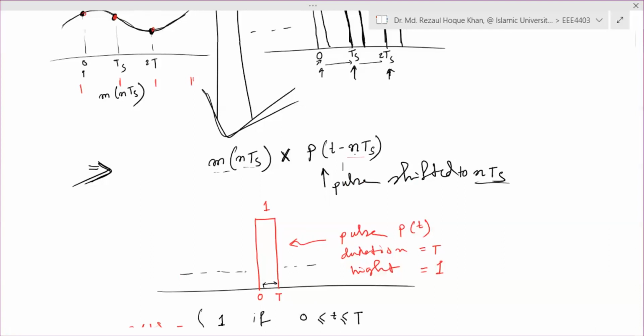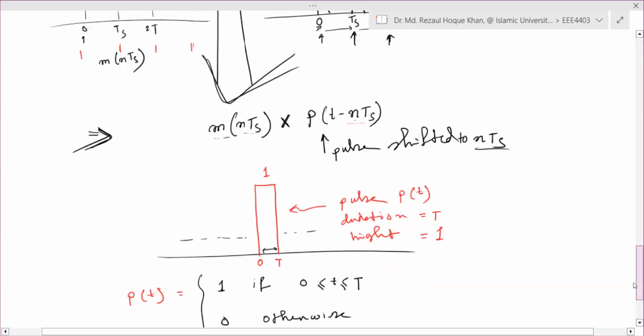If we compare this to impulse sampling, or ideal sampling, where the impulse is shifted to every nTs and scaled by the signal m of nTs, here the pulse has a width.